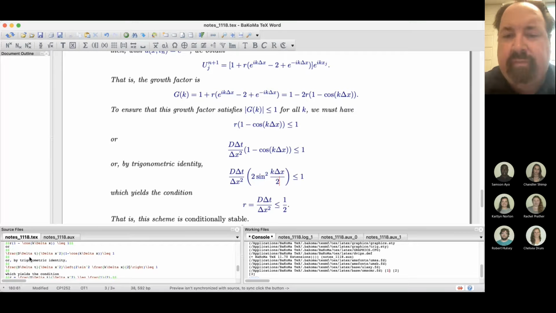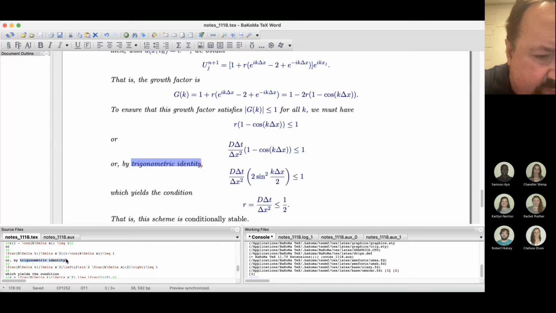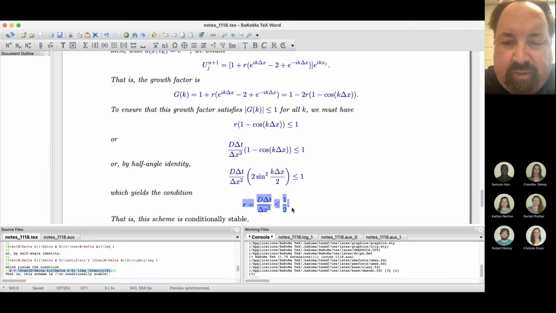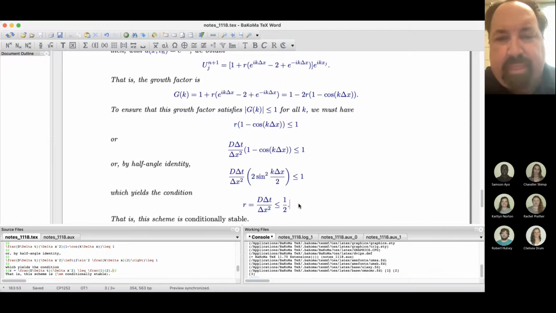Actually, I'll be more specific. I'm working with the inverse, or reverse, of a half angle identity, that this is equal to this. Now this could be no bigger than 1. So to make sure that this is satisfied, regardless of the value of k delta x, we need 2 d delta t over delta x squared to be less than or equal to 1, which leads to this condition here. So that's where it comes from.